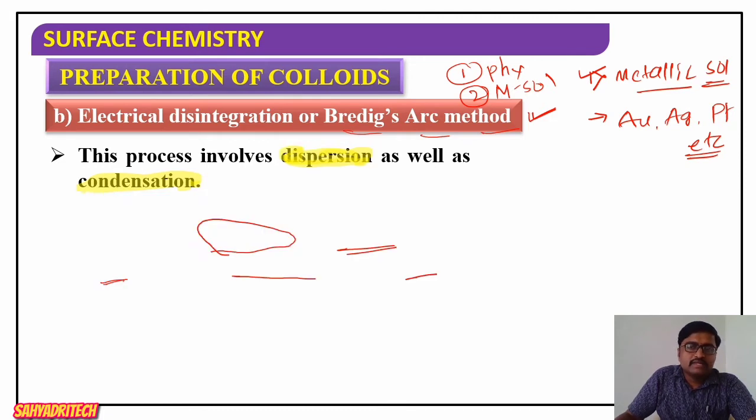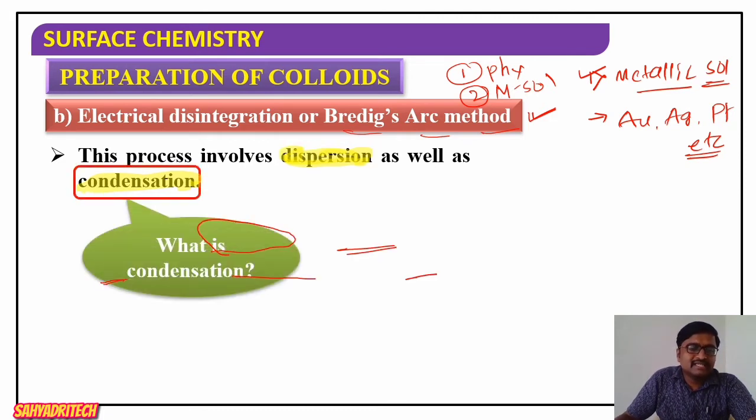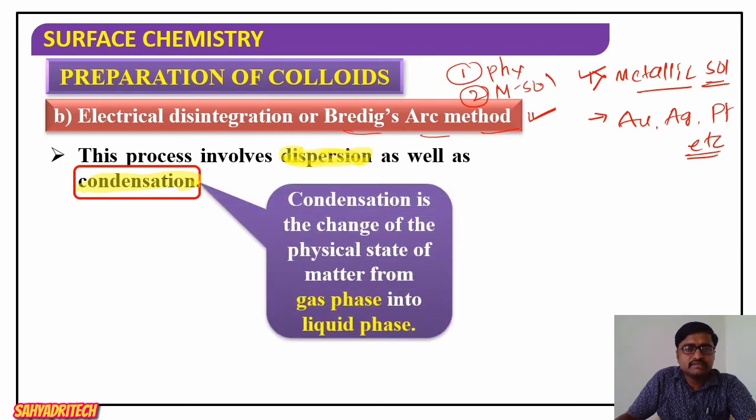Further, what is another term we are using? Condensation. Here, condensation means the transformation of one form of matter into another. Condensation refers to the change of physical state of a matter, from gas phase to liquid phase.